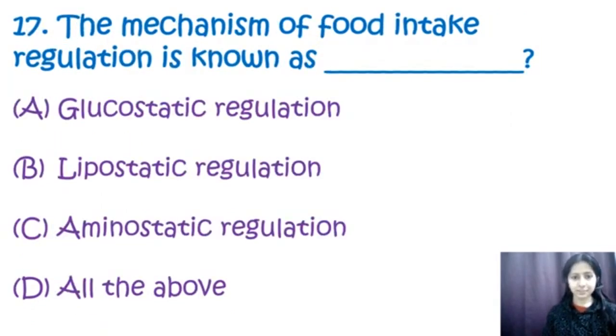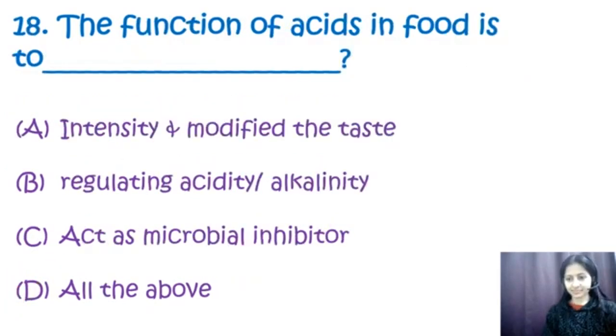Number 17. The mechanism of food intake regulation is known as: option A glucostatic regulation, option B lipostatic regulation, option C aminostatic regulation, and option D all of these. The correct answer is option D, all of the above. Number 18.